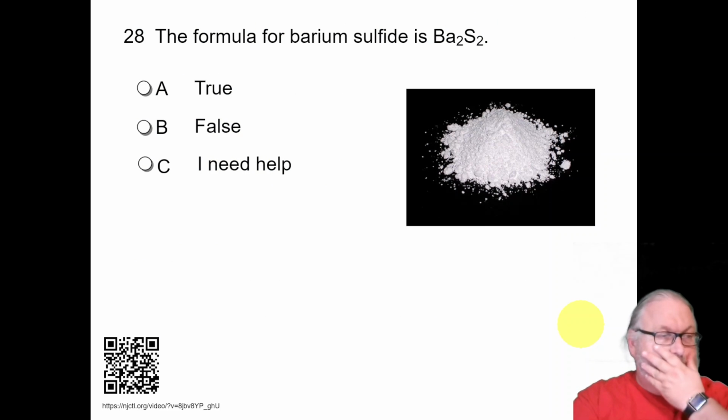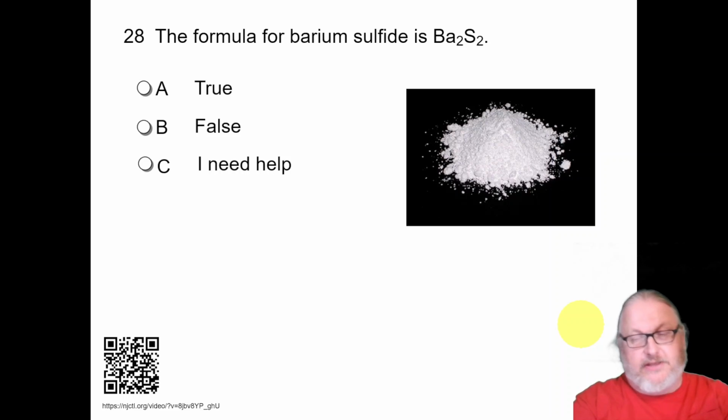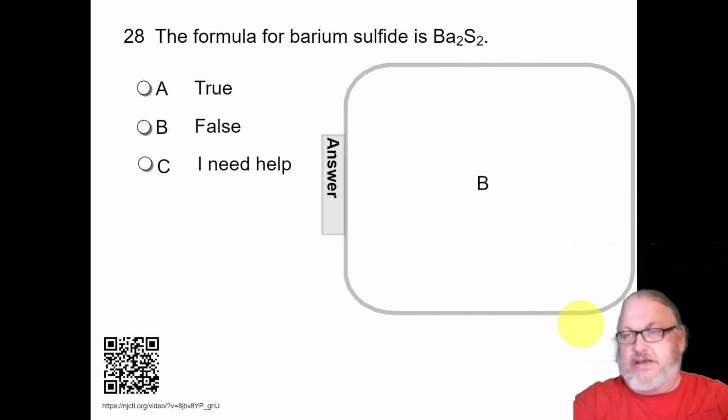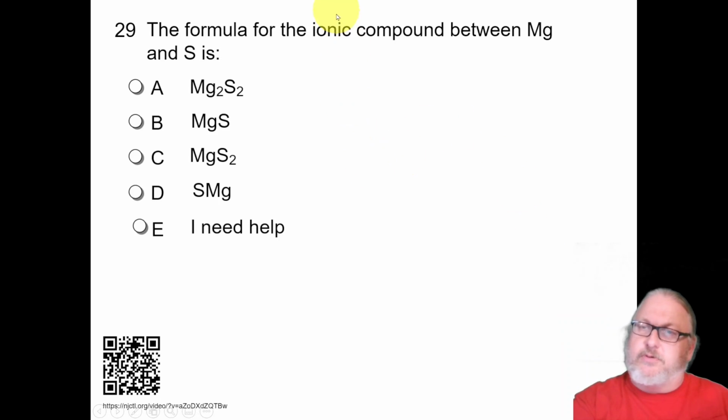Is the formula for barium sulfide Ba2S2? That's not the lowest whole number ratio, it's BaS, so that would be false. What's the formula for the ionic compound between magnesium and sulfur? Magnesium is 2+, sulfur is 2-.